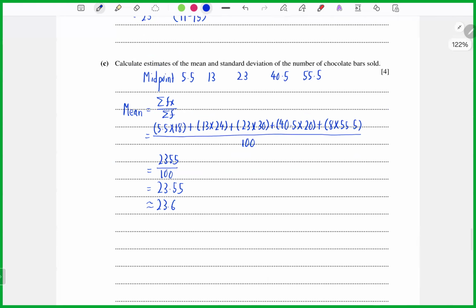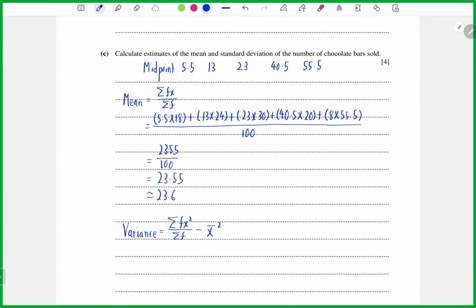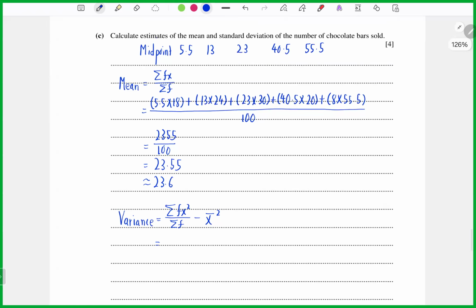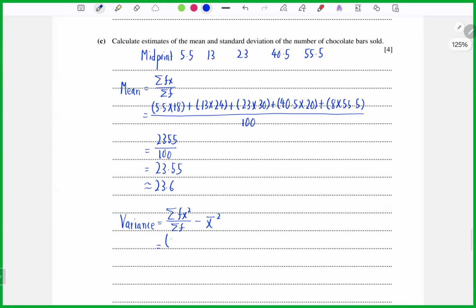Now you find the standard deviation. So now you can try to find the variance first. Sum of fx squared divided by sum of f, minus mean squared.